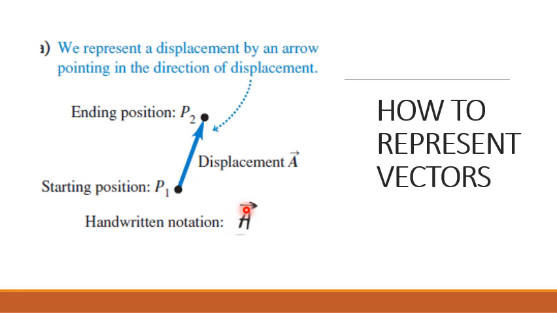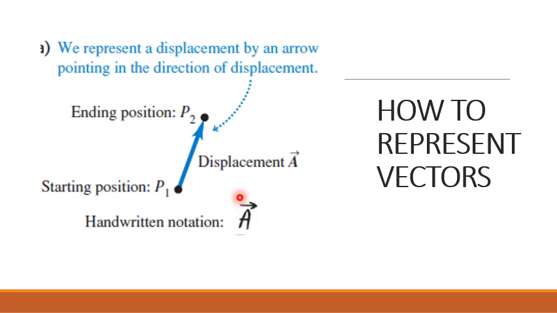And energy is scalar quantity. So how do we represent vectors? We usually represent vectors through an arrow pointing in the direction of the displacement. Let's say the vector quantity we're referring to is the displacement. So from the starting position, p sub 1, to the ending position, p sub 2, you will see an arrowhead going to the destination, and the starting position is represented by a tail.